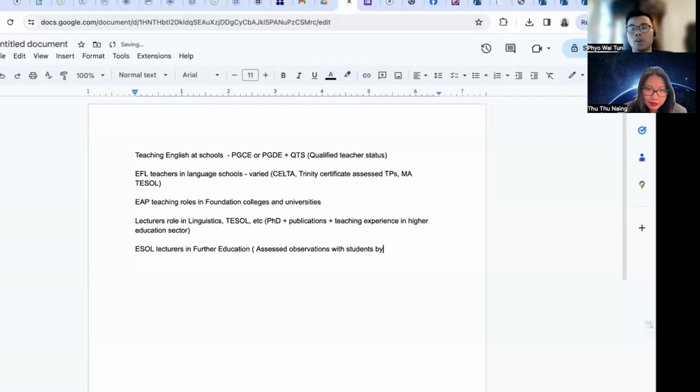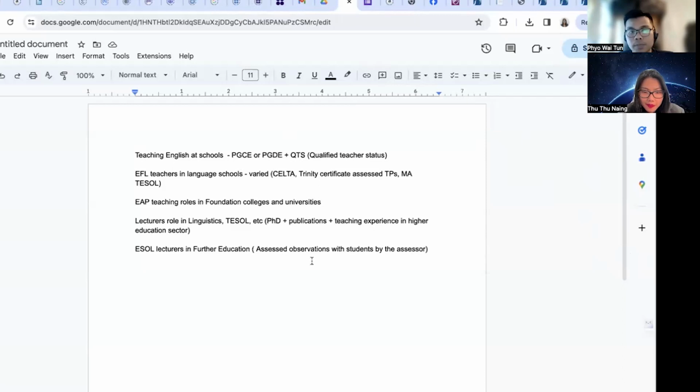But that's just for temporary or part-time teaching. If you want to work in a permanent role, we also need an extra certificate. They call it DET, diploma in education and training, DET and CET.